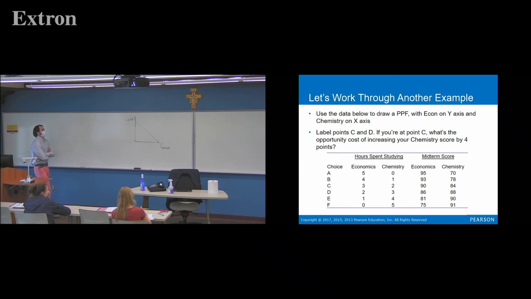Okay, so let's work through another example. Let's use the data below to draw a production possibility frontier. We have Econ on the y-axis and chemistry on the x-axis.